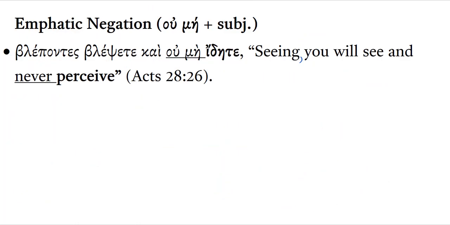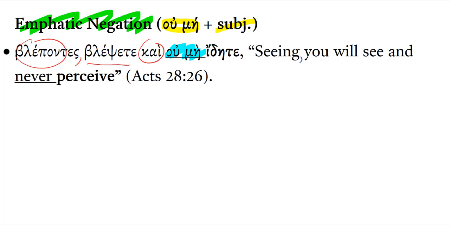Another construction that demands the subjunctive, and in this case, I'd have to say I don't see really any element of indefiniteness, really any element of contingency. It's extremely certain in some ways. You have ou mē followed by the subjunctive, and it's a way in Greek of saying absolutely not. Okay, not at all. So we have here, you will see, kai ou mē.